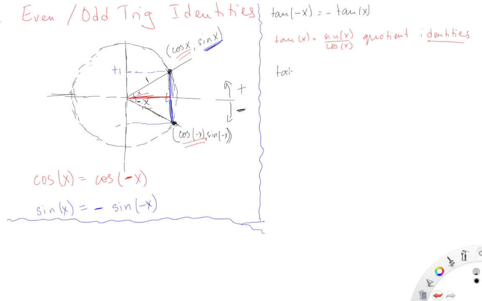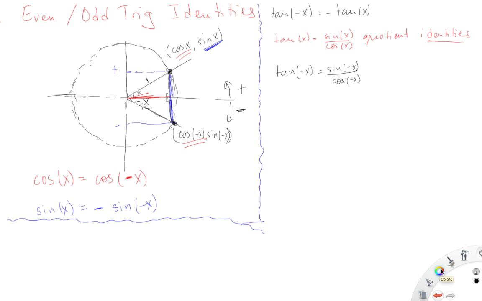So I'm going to say tangent of negative x is equal to sine of negative x over cosine of negative x. Why is this okay? Because the red identity over here is true. It's proven. So we can plug in any number for x, and both sides will always be equal. Instead of plugging in x, I decide to plug in negative x, so these sides should still be equal.